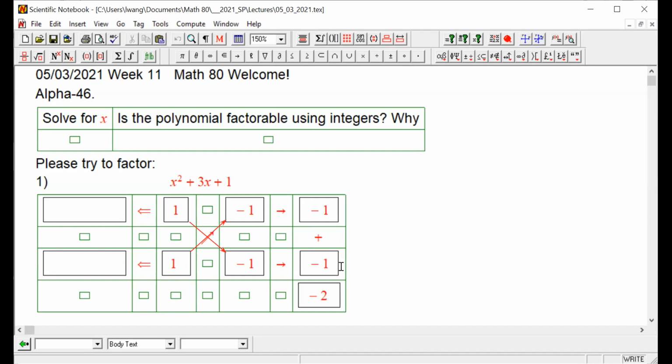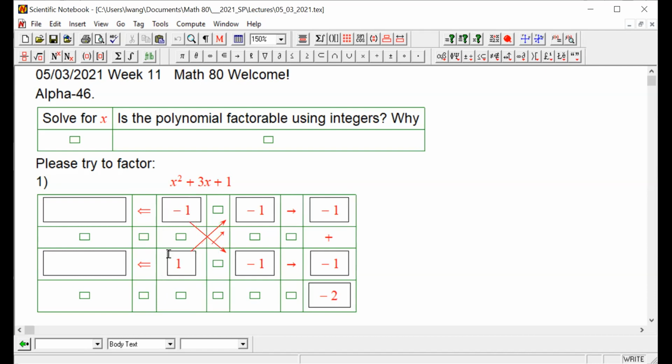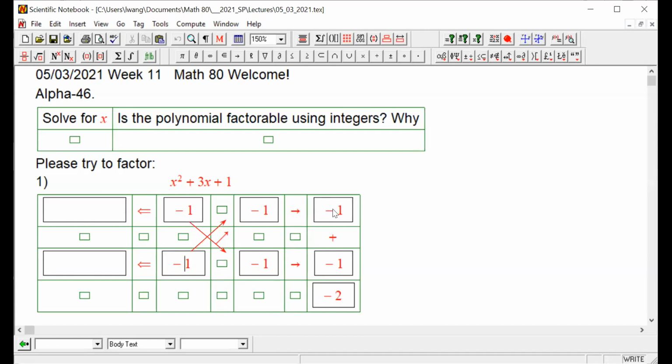So this integer method, can we try anything else? Maybe try negative one over here. Then this becomes positive one, positive two. It still doesn't match. It seems that no matter what we do, it's not going to match. Did you guys find the match? I haven't found it.